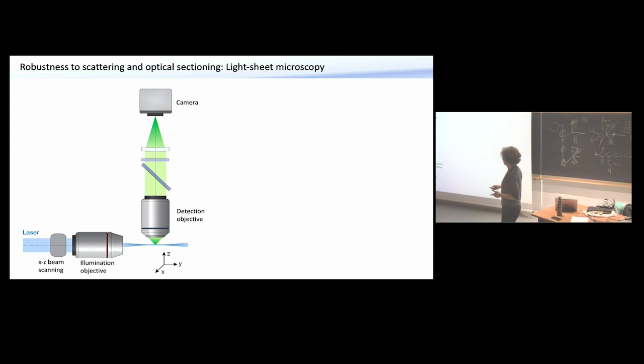So let's illuminate only the focal plane. For that, you use a laser that you focus, but in a direction perpendicular to the detection axis. So you illuminate a plane of light of your sample, and then you collect photons in the perpendicular direction, similar to a wide field microscope. So I think it's a great idea.